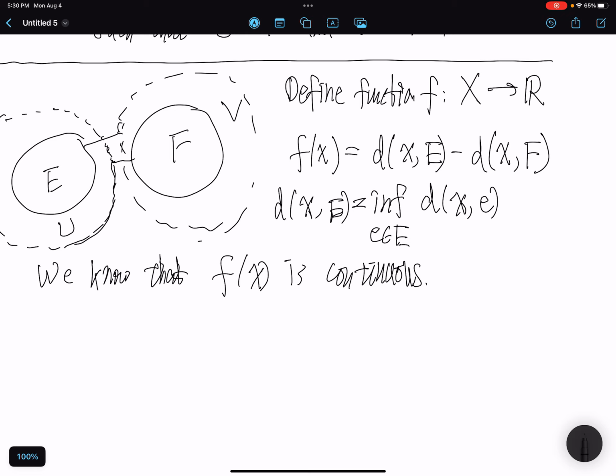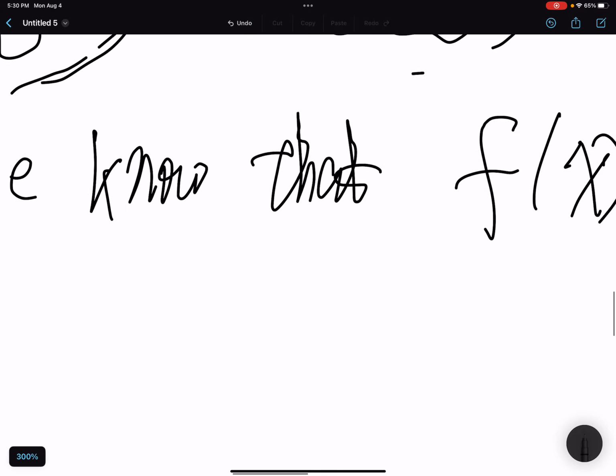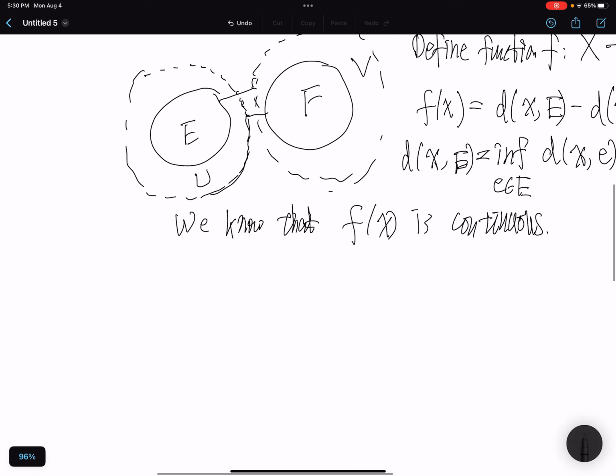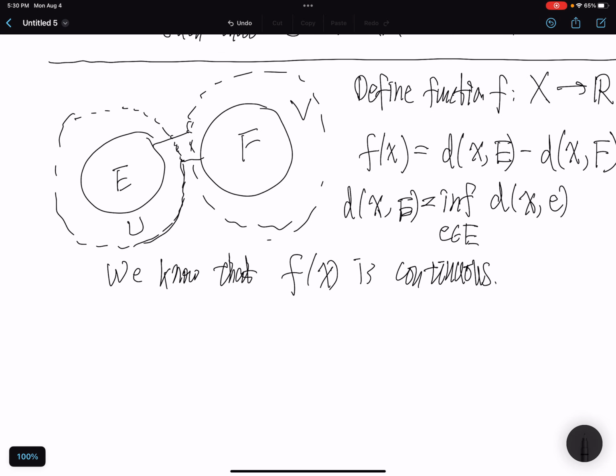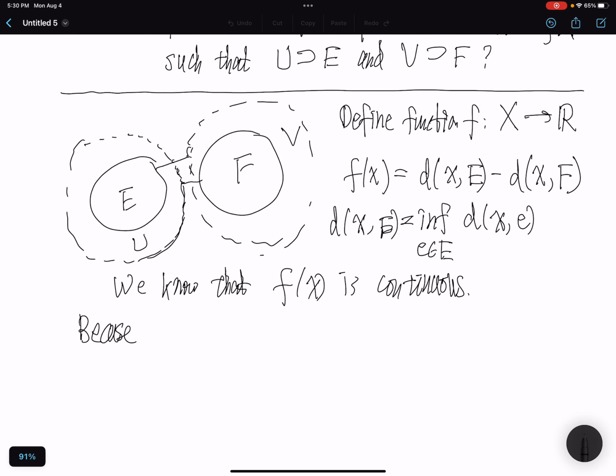And then we also know that, because E is closed, for any point x outside of E, there is an open ball.